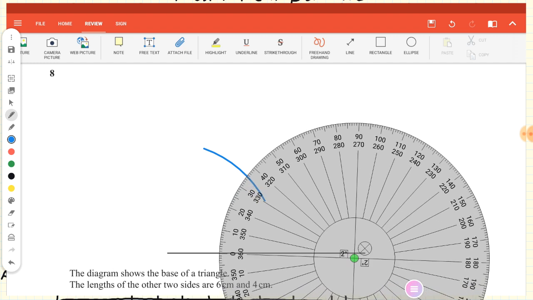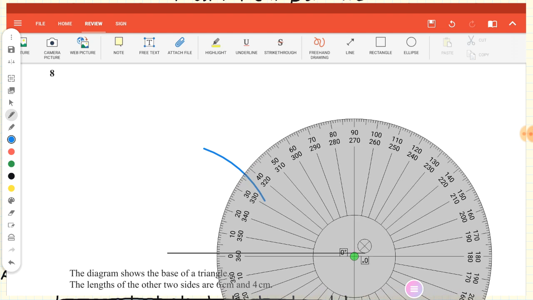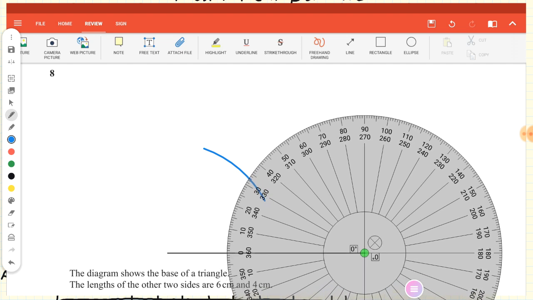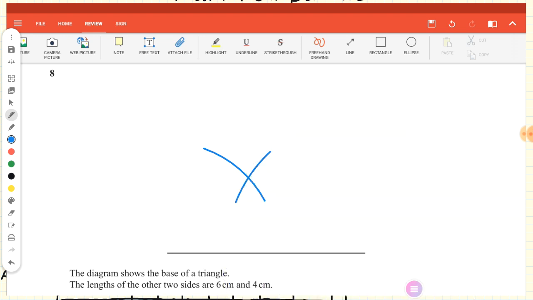Neglect this point, because this is a measure. We are not measuring angles. So suppose this is 6 centimeters, and draw the arc, and don't remove the arcs.